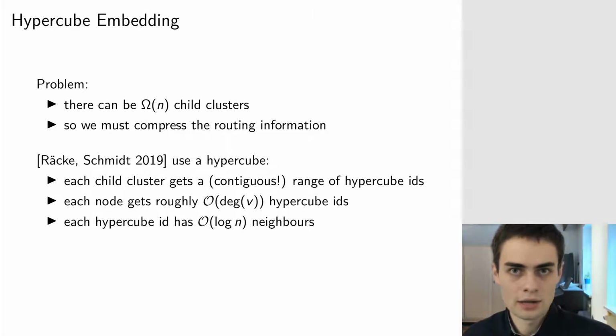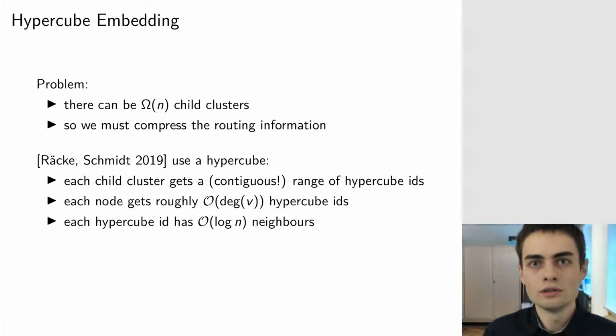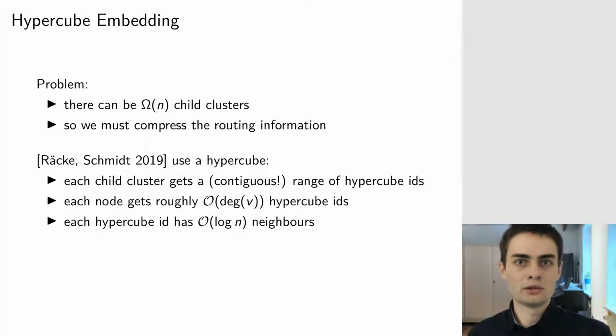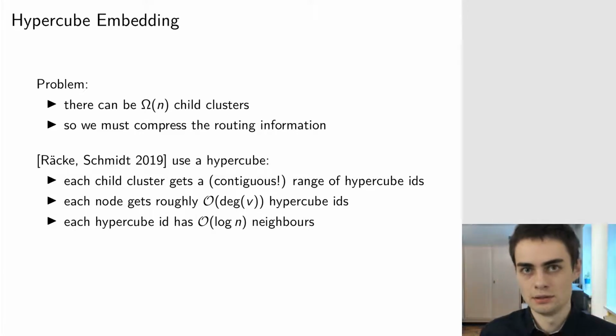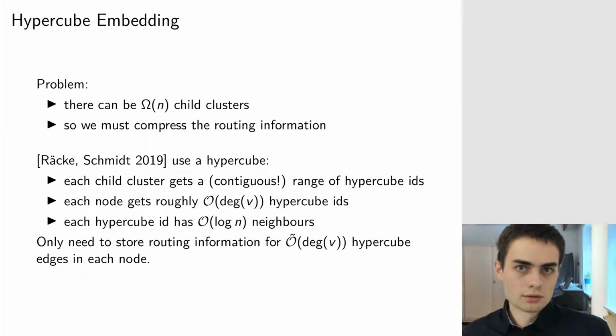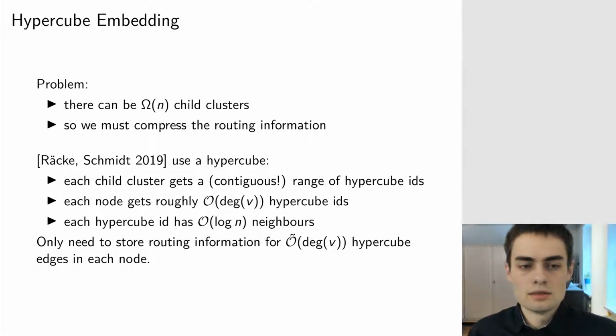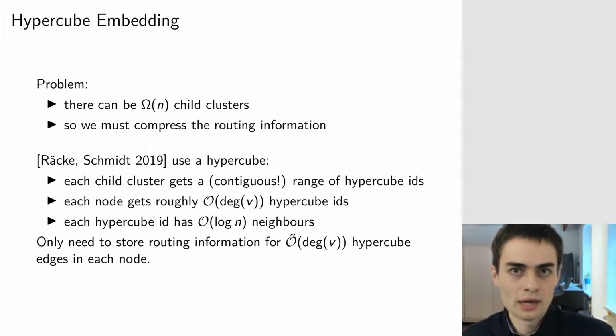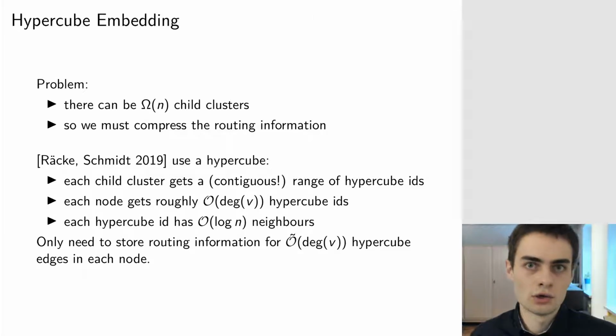So when routing in the hypercube, it's easy to compute the route in the hypercube graph, and then you only need to execute this route in the original graph. But for this, it's sufficient to know where your neighbors in the hypercube are. So each node only needs to store a logarithmic number of neighbors per hypercube ID that it is assigned. So in total, you only need a polylogarithmic amount, polylogarithmic in the degree of the node, of hypercube edges which you have to be able to route for each node of the original graph.